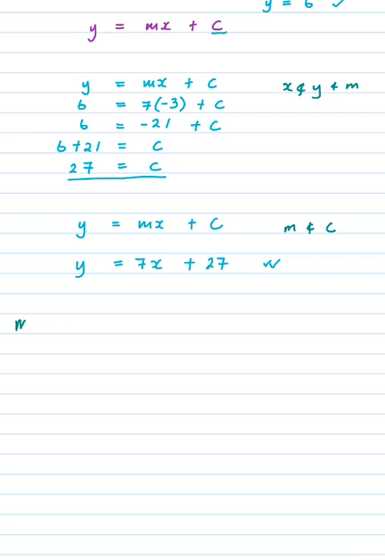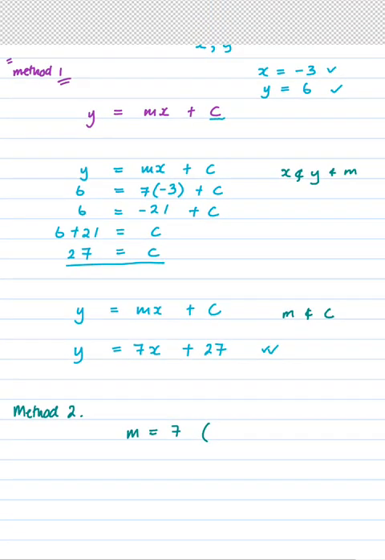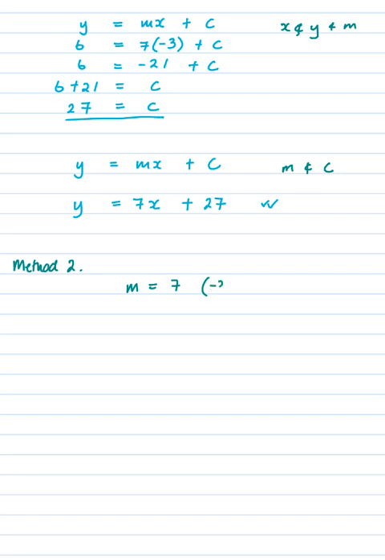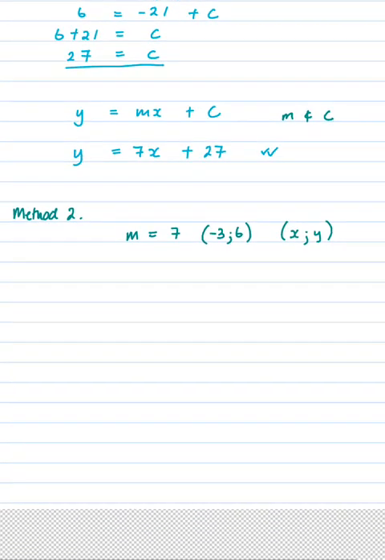The gradient is equal to 7, and we have another coordinate, which is minus 3, 6. Then we introduce another coordinate, which is x, y.